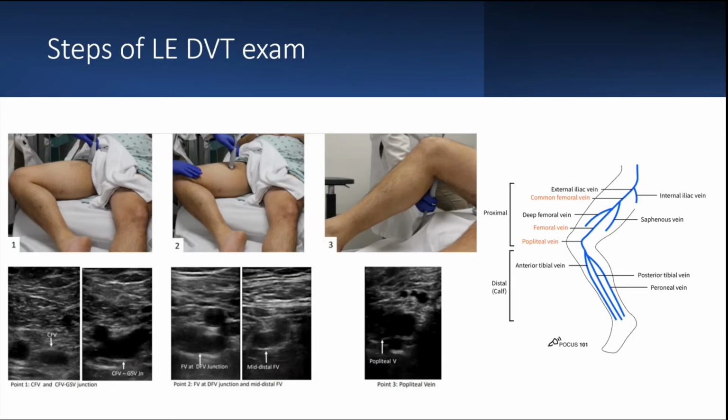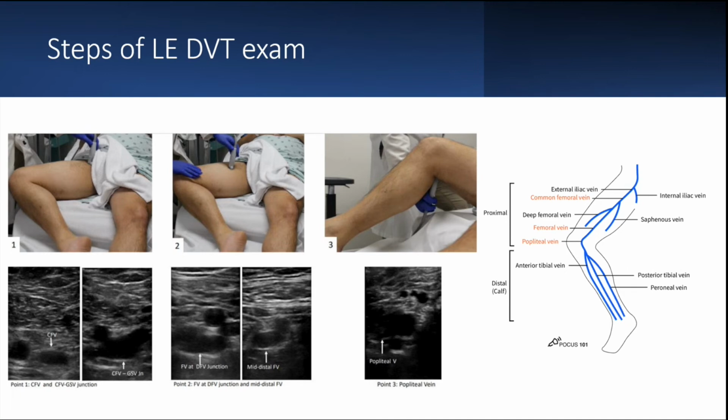In step 1, we first put the probe along the inguinal ligament midway between the pubic symphysis and the anterior superior iliac spine, and then we slide or fan the probe to find the common femoral vein and artery.